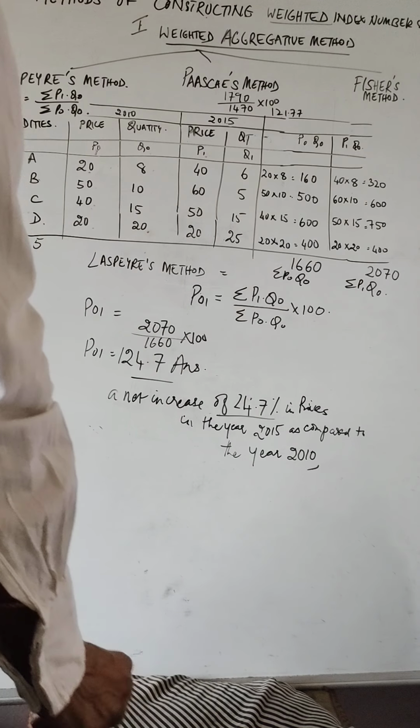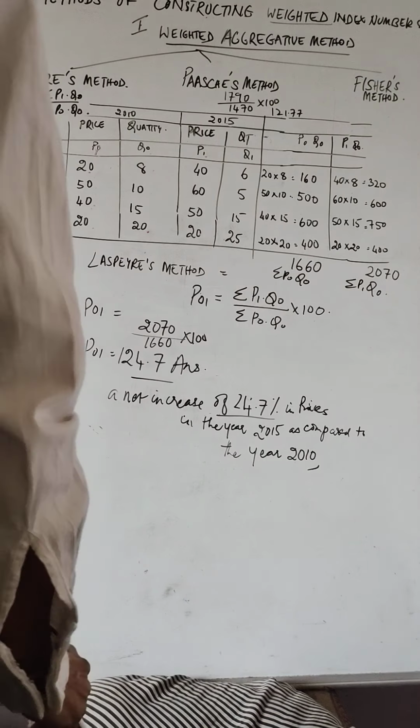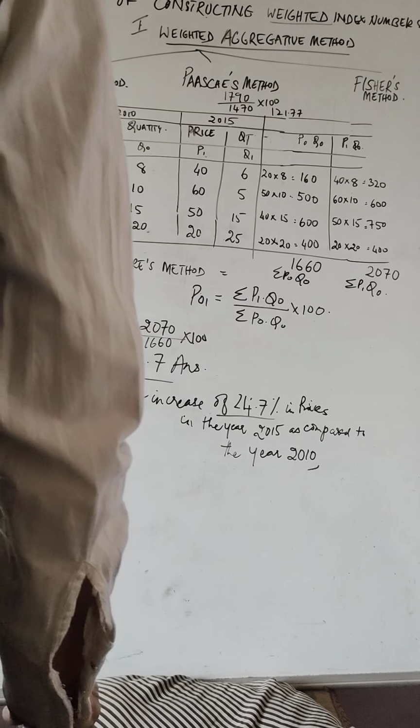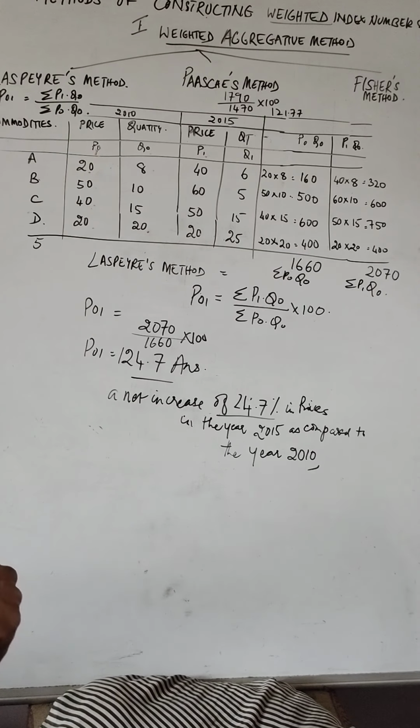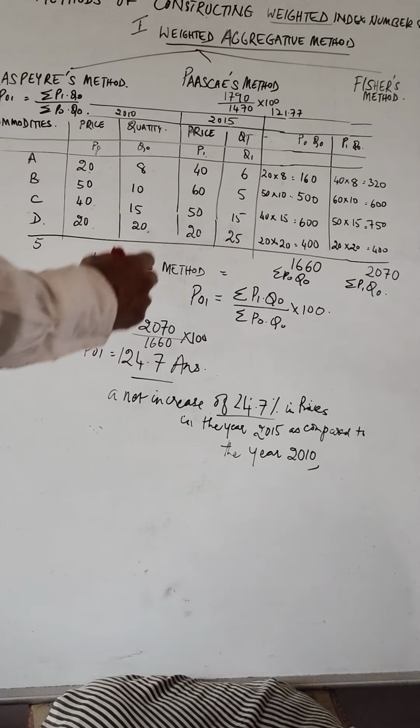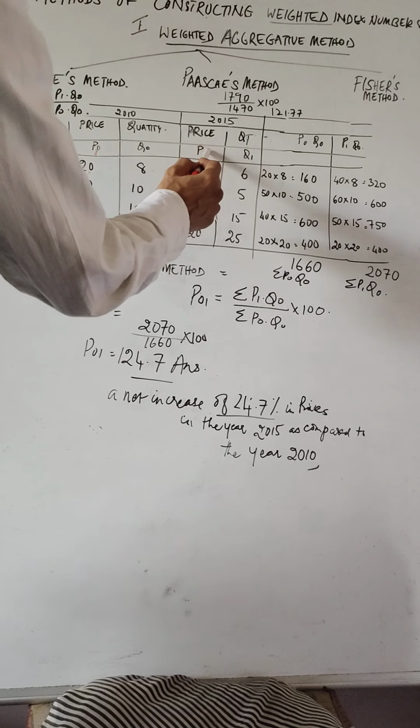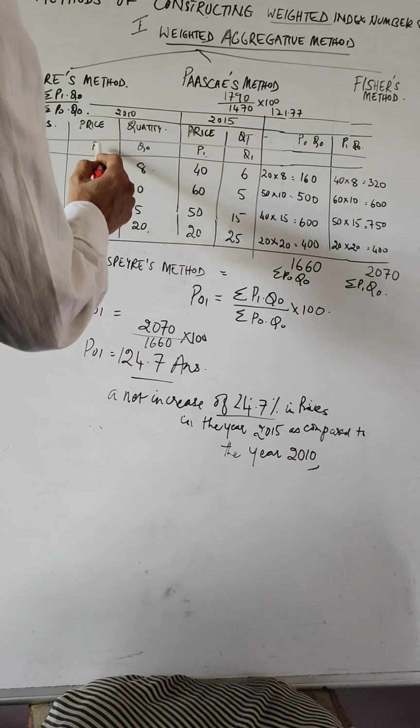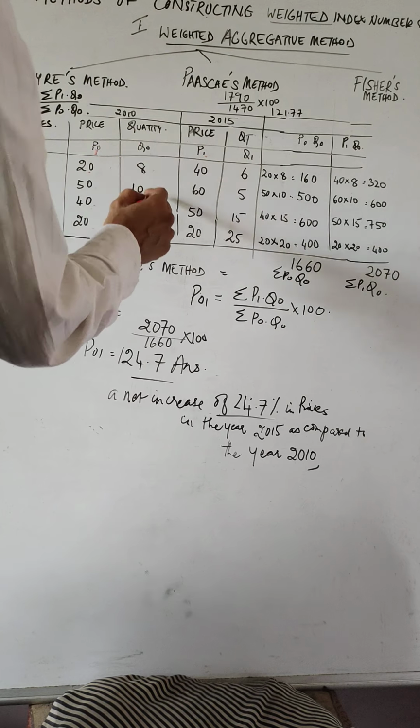That's the answer. That shows a net increase of 24.7 in prices in the year 2015 as compared to the year 2010. Once again, P1 is the current year price, P0 is the base year price, and Q0 is the quantity.